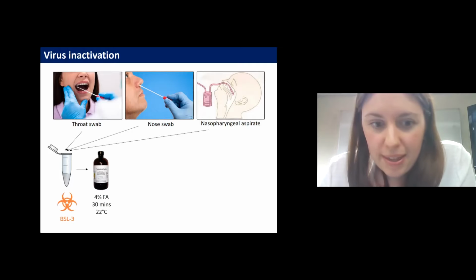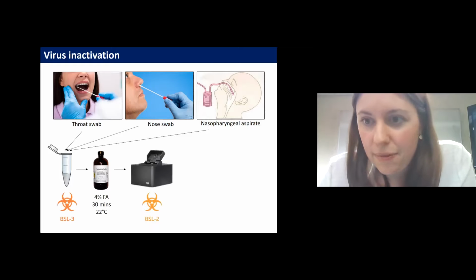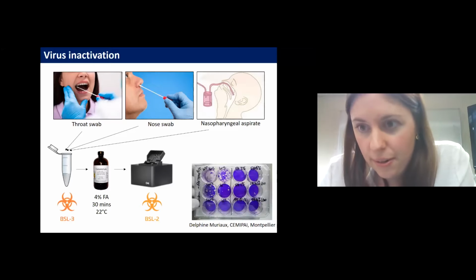So we came up with a new inactivation protocol, which was to fix the intact virus particles in a chemical called formaldehyde. This rendered them fully non-infectious but still intact, and we could then move them into BSL-2 for imaging on our microscope. We were able to validate that formaldehyde treatment actually did inactivate the virus. This was work done by some collaborators of ours over in France at the University of Montpellier. They used infectivity assays to show that the treated virus couldn't go on and infect cells.